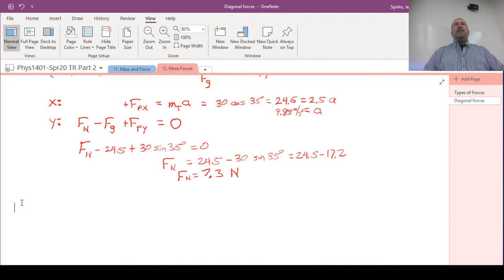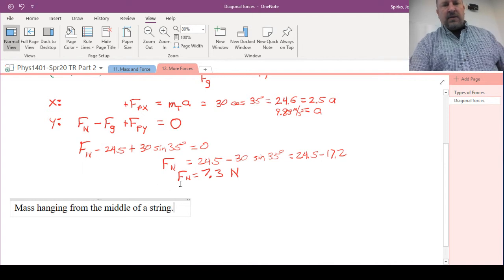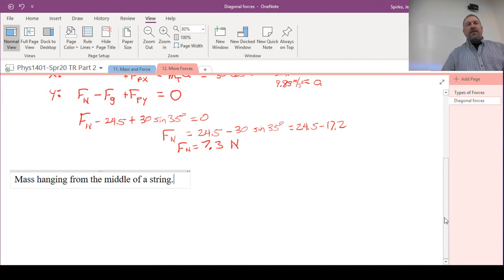So let's do another example. A mass hanging from the middle of a string.